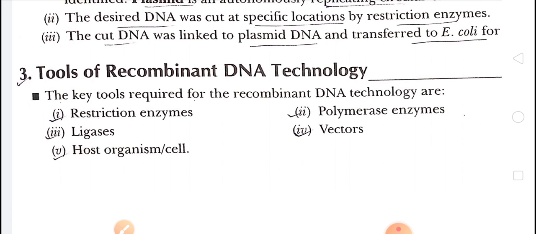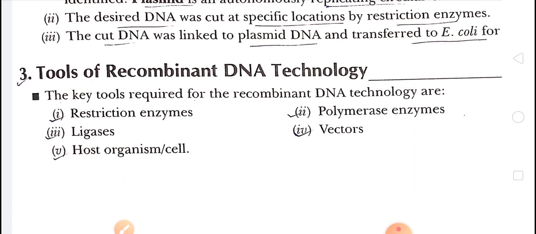After that, children, the next topic that we'll discuss in biotech is host organism or cell. Like rDNA we have prepared till now. Now this rDNA will be introduced into the host.